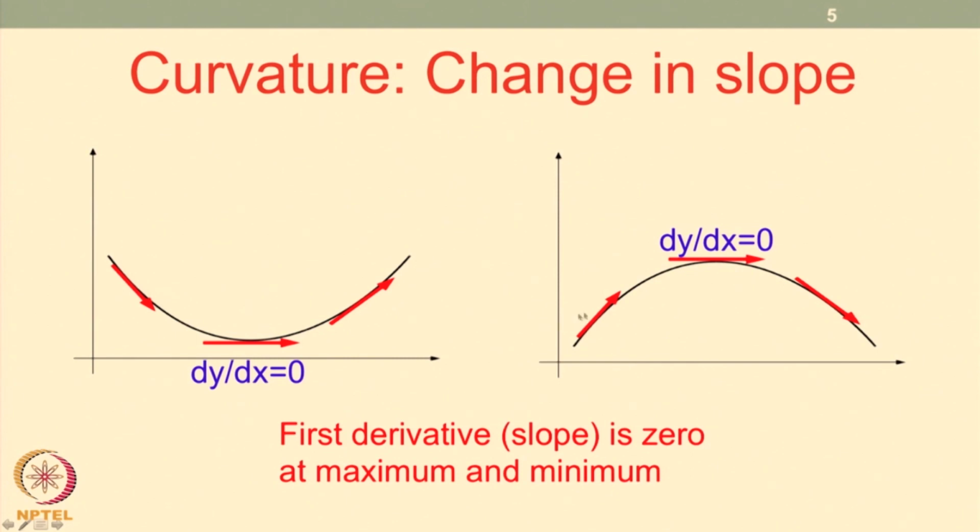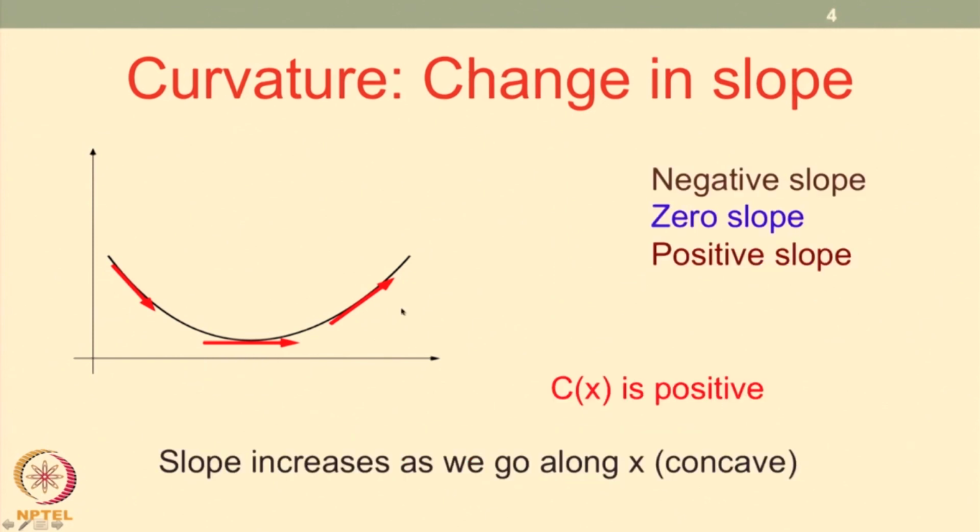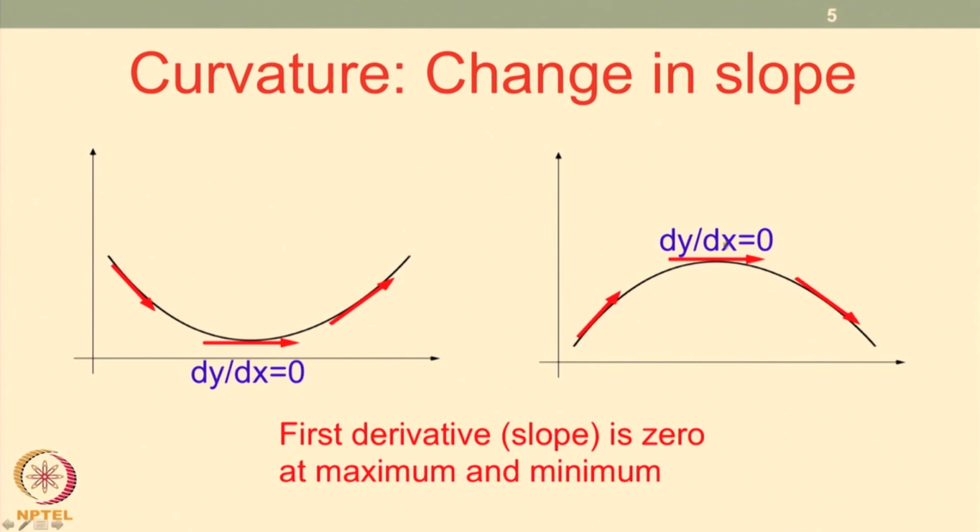So, the curvature is nothing but the change in slope, and the first derivative, which is the slope, is 0 at maximum and at minimum. You have these two curves, the U-like curve and the upside down curve. The U-like curve has a positive curvature, while the upside down curve has a negative curvature.